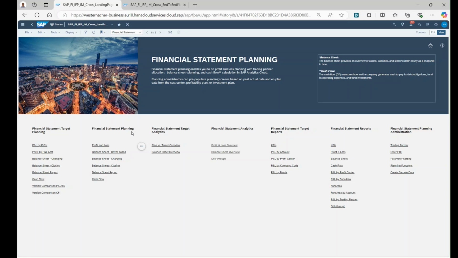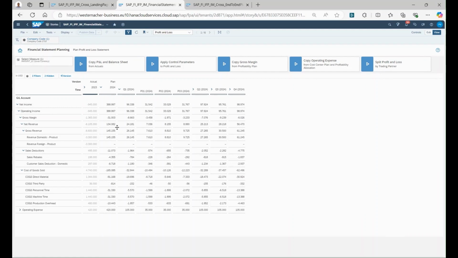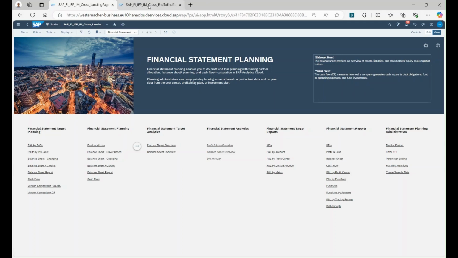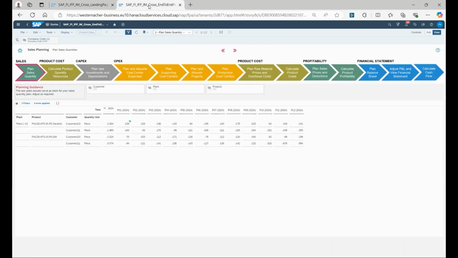And this is what our persona, Amy from Finance, is going to be doing. So here Amy is looking at financial statement planning. Amy is going to be looking to see what the targets are that her boss has been setting. And she's now working out how we're going to achieve those. Amy is focusing here on pricing and costing.